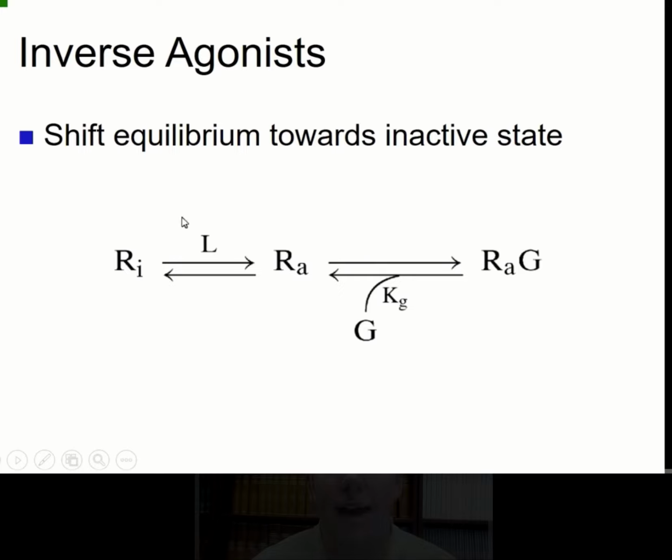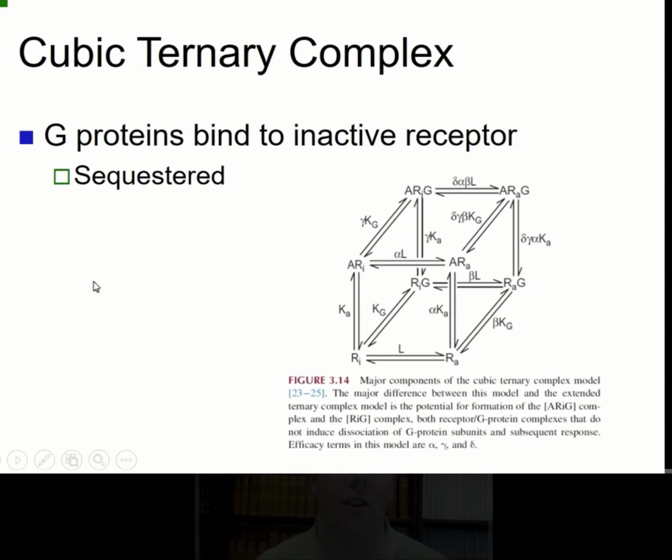So if the inverse agonist bound to the active receptor, it would shift it left to the inactive receptor. If it bound to the active receptor bound to the G protein, it would shift it left to the active receptor unbound by the G protein. And because of Le Chatelier and all of his stuff, if we shift this here, we're also going to cause some of what was here to shift over to the inactive receptor.